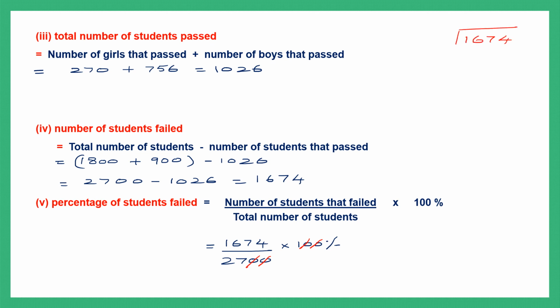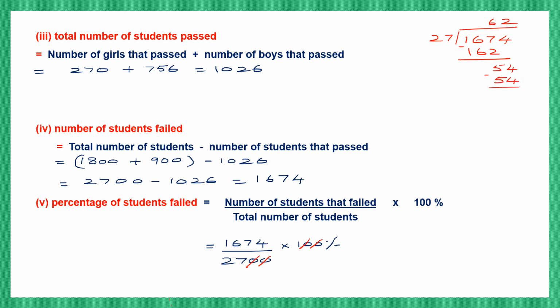1674 divided by 27. Now 27 into 6. How much is 27 into 6? 6 sevens are 42, carry 4. 6 twos are 12 plus 4 is 16. See, we can write 162. 162 minus, now 7 minus 2 is 5, bring down 4. So here 27 into 2 is 54.